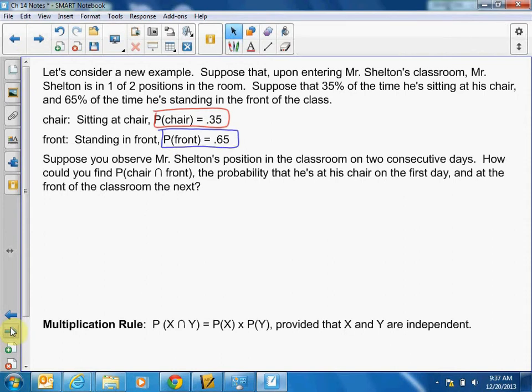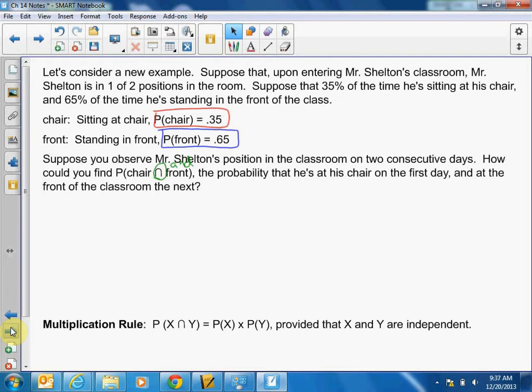Suppose you observe my position in the classroom on 2 consecutive days. How could you find the probability that I'm at the chair, and so that capital U represents "or," the upside down capital U is "and." What's the probability that I'm at the chair and at the front? That is to say, at the chair on the first day and at the front.